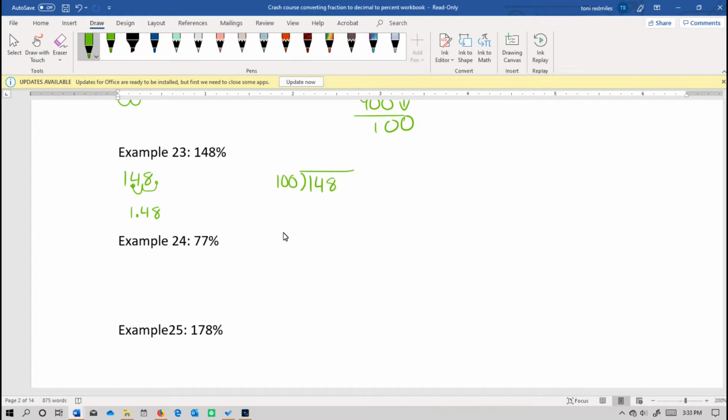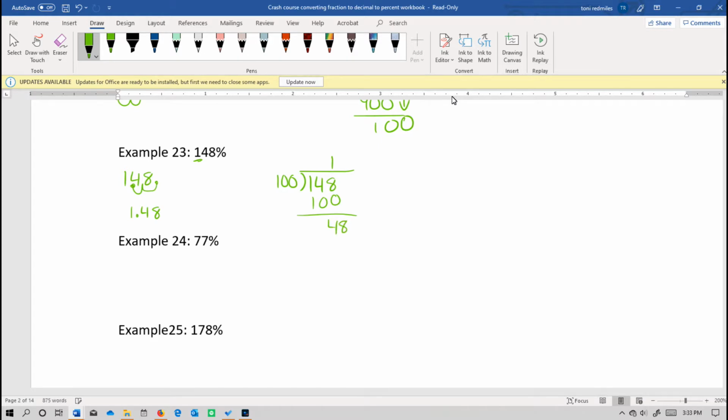And I should get a whole number. We know it should be a whole number because this is more than one full 100%. It's 148%. Remember, this can't happen in sports. You can't give 148% of yourself, but you can in markups and stuff like that. We usually talk about that in class. All right, 100 into 148 can go 1 time.